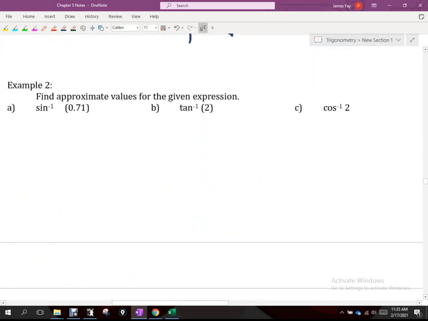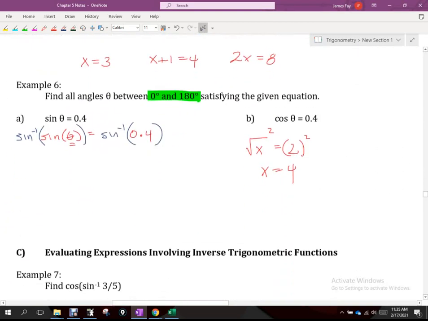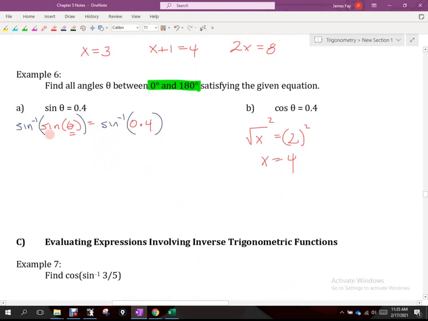Okay? So what that means to us is that if this is going to work the way we want it to work, our theta that's going to fall out of the sine inverse of sine of theta notation on the left-hand side is going to be between -90 and +90. Does that make sense? Okay.